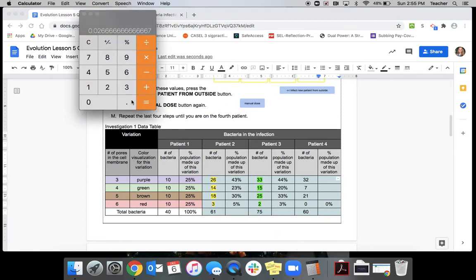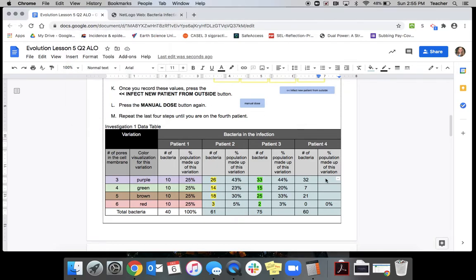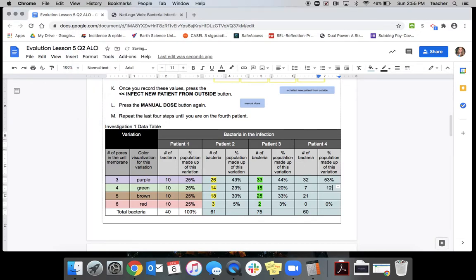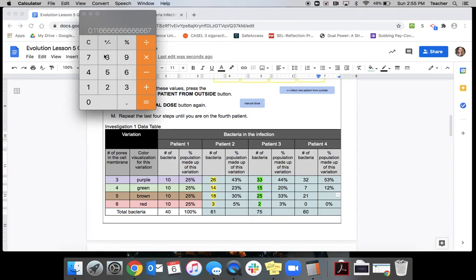So 32 divided by 60 is going to be 53%. 7 divided by 60 is going to be about 12%. And then 21 divided by 60 is going to be about 35%.